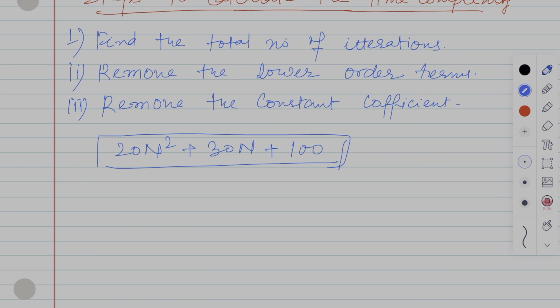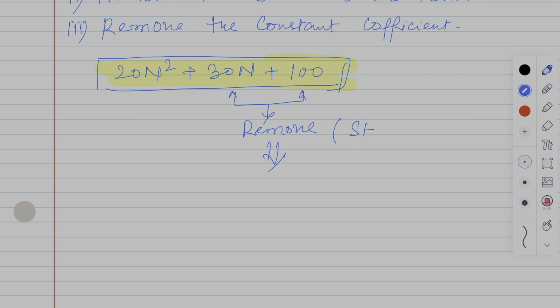Now, the second step is to remove the lower order terms. So lower order terms are 30n and 100. So we'll remove them. This is our step 2. This is our step 1. We will remove, and it will become 20n square.